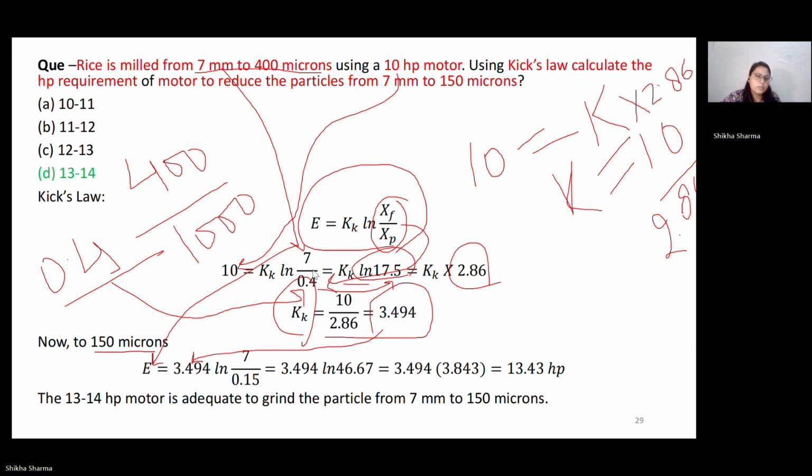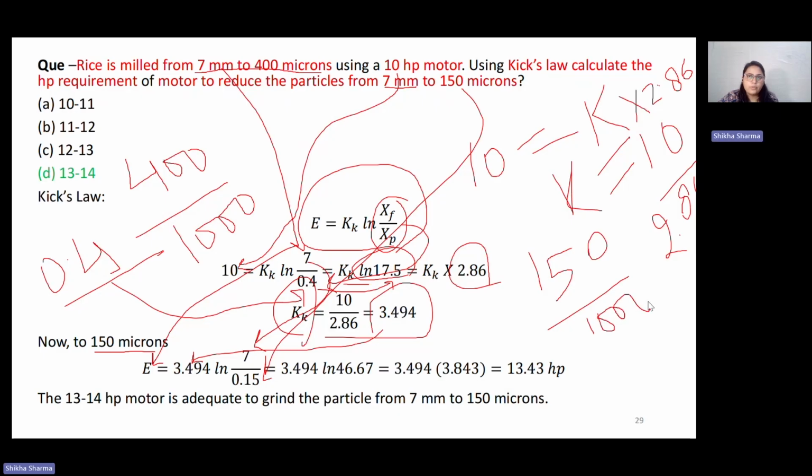So ln xf, which is the initial particle size, 7 mm, and it is reduced to 150 microns, which is 150 divided by 1000, would be 0.15 mm.